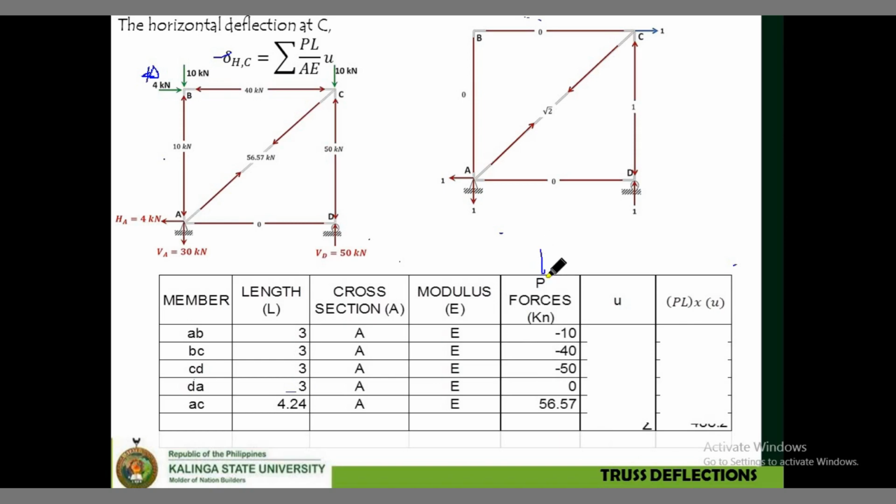Itong P na to, yung values na nandito sa may column ng P, yan yung mga values na makukuha natin dito sa may P system. Now, if we try to look at member AB, kay member AB, meron tayong 10 kilonewtons. Kaya yun yung 10. Bakit negative? If you try to look at the direction of the arrow, AB is under compression.